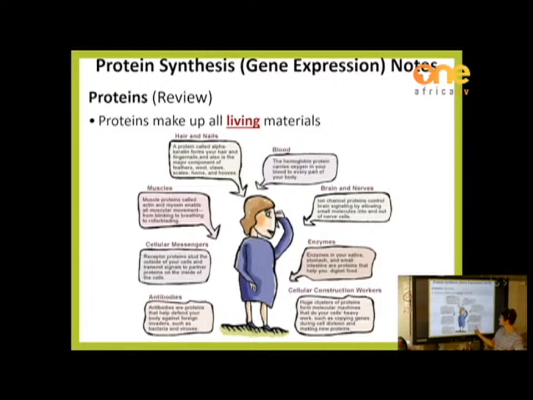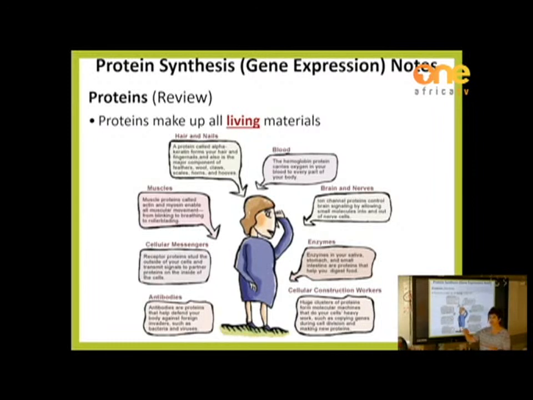Then we have clusters of proteins to help the cell copy genes, make cell division and new protein synthesis possible. Antibodies, proteins that help with the immune system. We call them immunoglobulins.